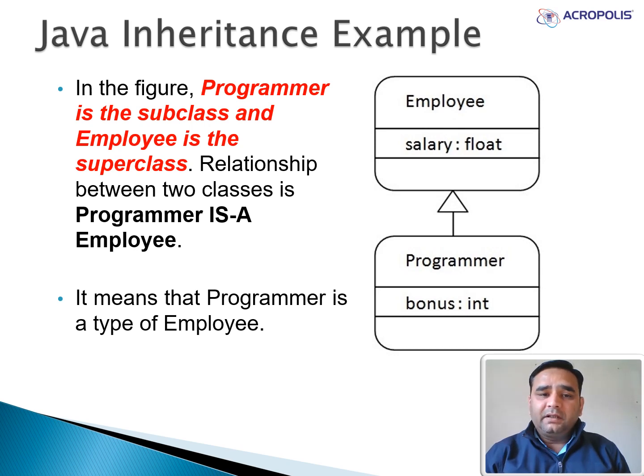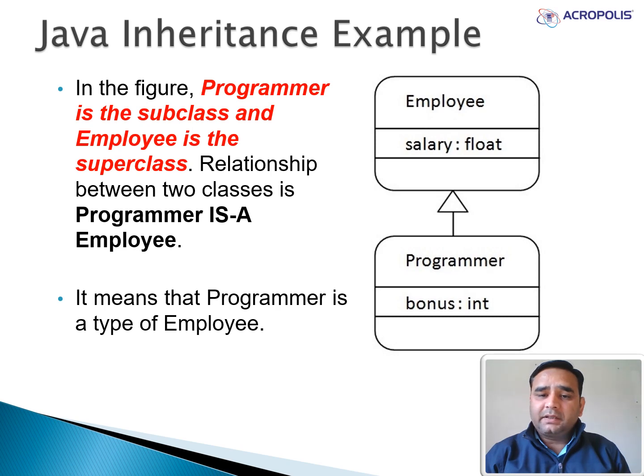So in this figure, the programmer is the subclass and the employee is the superclass. The relationship between these two classes is: programmer is an employee. This means that the programmer is a type of employee. So this is an example of inheritance.